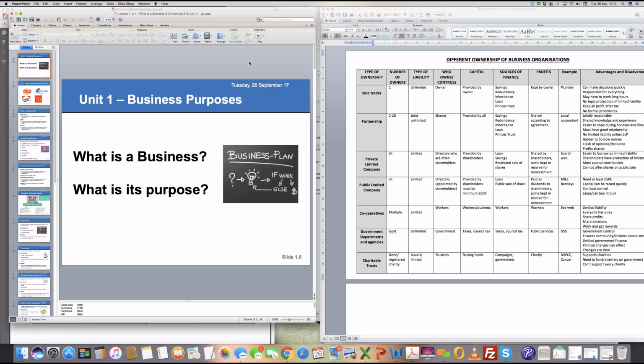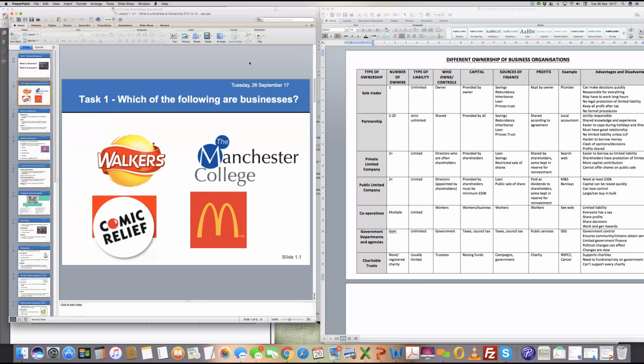So just to give an example, what are the types of businesses? When you look at Walker's crisps, that is one of the biggest companies which produces these as a brand. For them it is a commercial activity because they sell these products, the crisps, and people buy them, because of which the company makes profit. Manchester College is a publicly funded further education college.